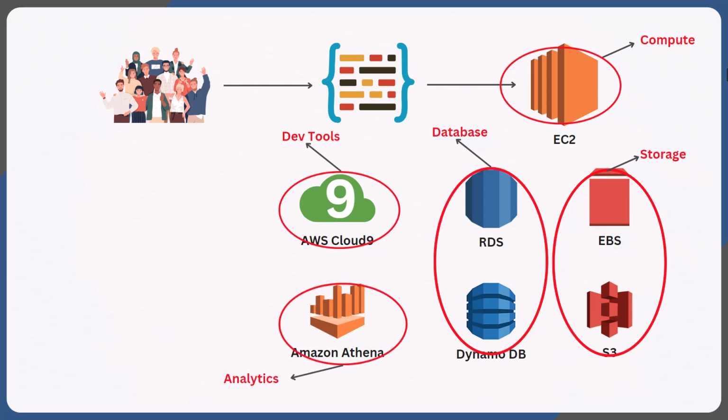Likewise, we have a host of other categories of services. For example, we have migration and transfer. These are a bunch of services which will help you migrate your on-premise infrastructure to the cloud environment.